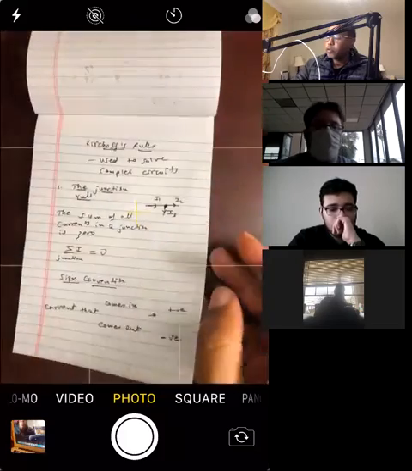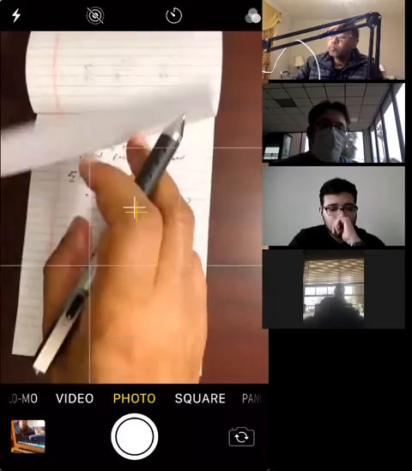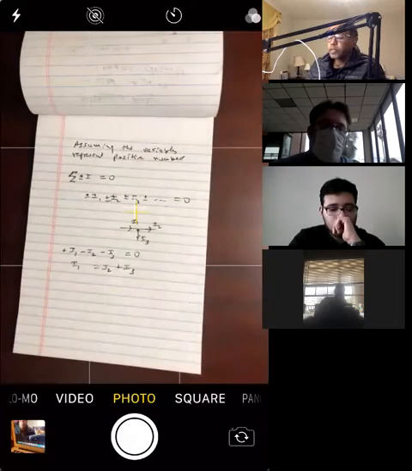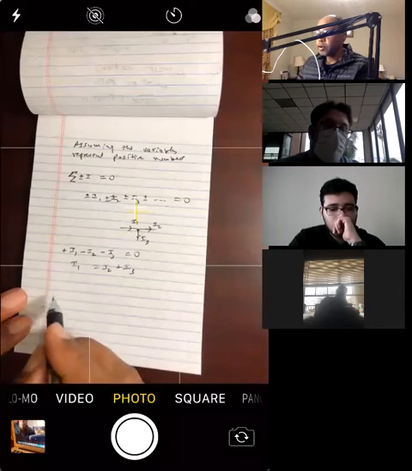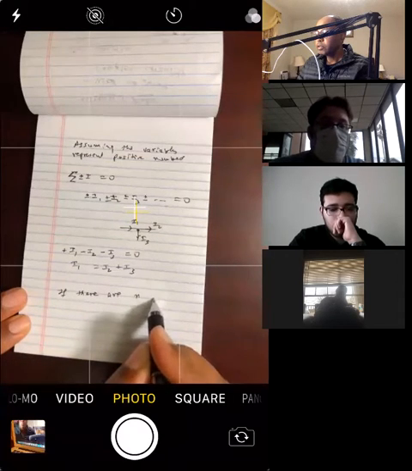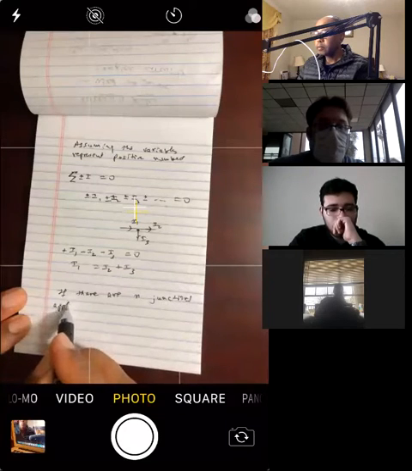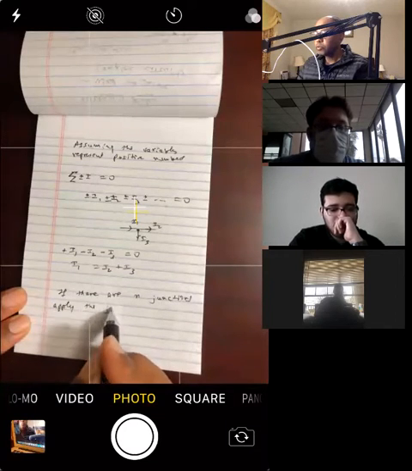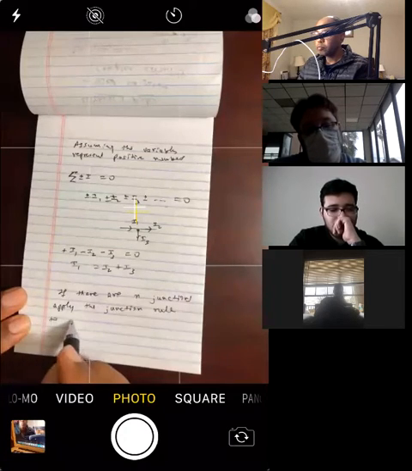And the other thing you have to know about this junction rule is if you have more than one junction, let's say n junctions, you have to apply the junction rule only to n minus one of them, because the nth one is not an independent equation. If there are n junctions, apply the junction rule to n minus one of them.